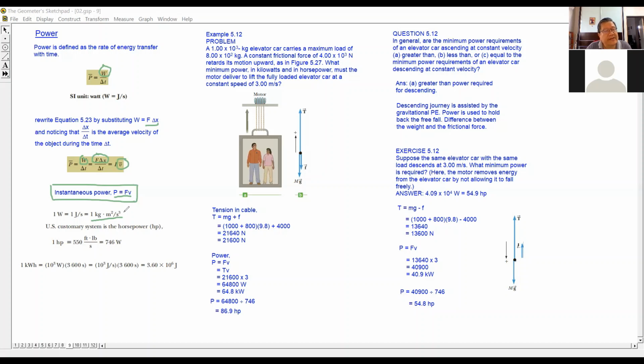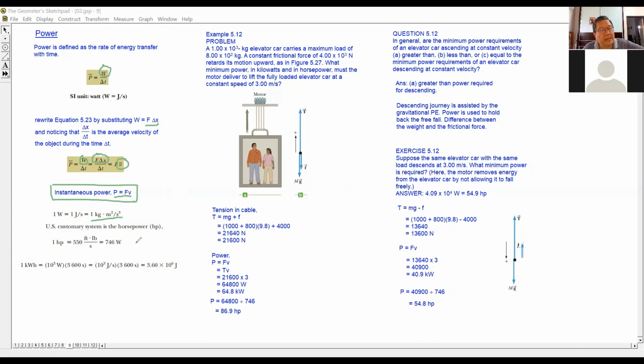Kilogram, meter, and second are all base quantities, whereas watt and joule are derived quantities. So you can look at it in many different ways: either watt, joule per second, or kilogram meter square per second cube.